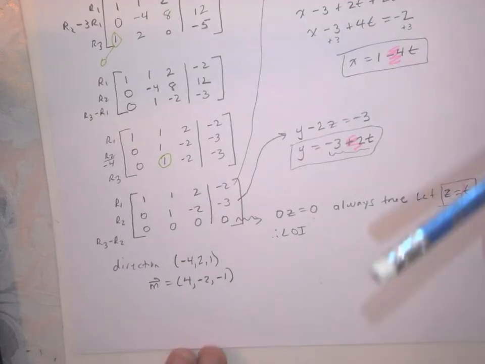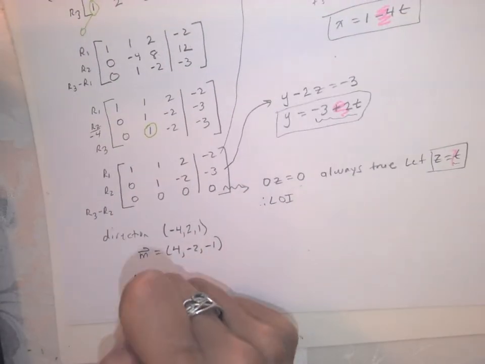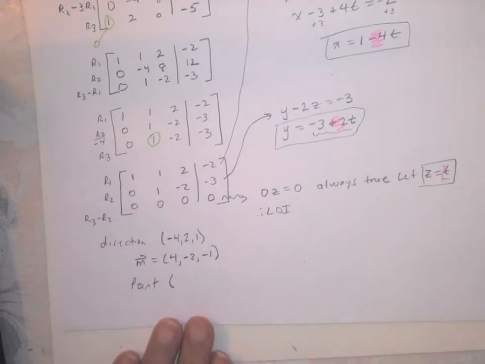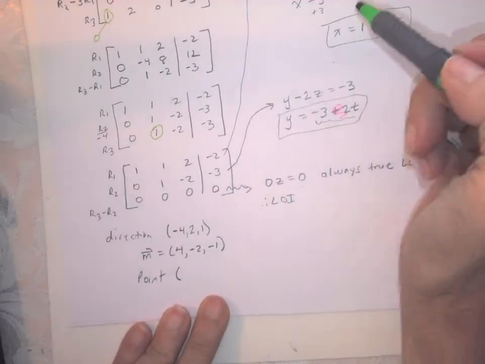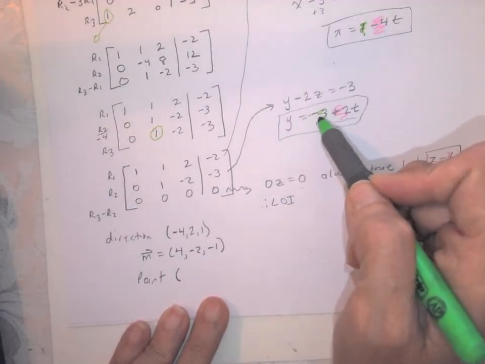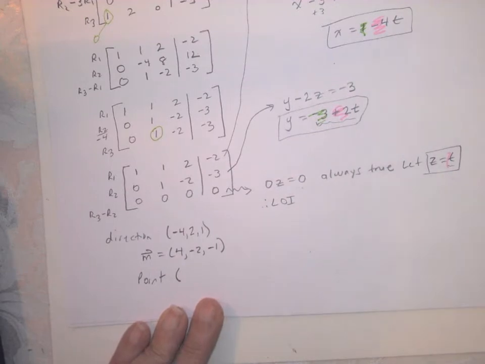Then I also have to get a point on my line of intersection so I can get it in vector form. My point is going to be 1, -3, 0.